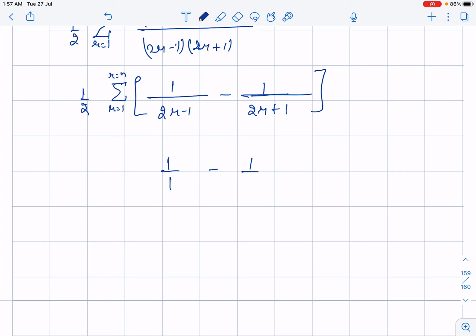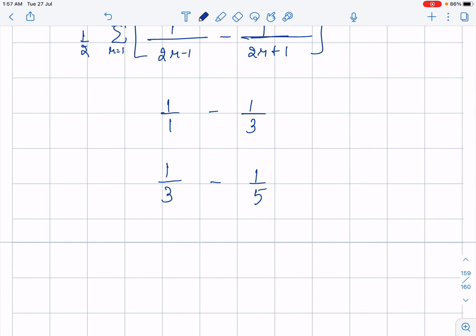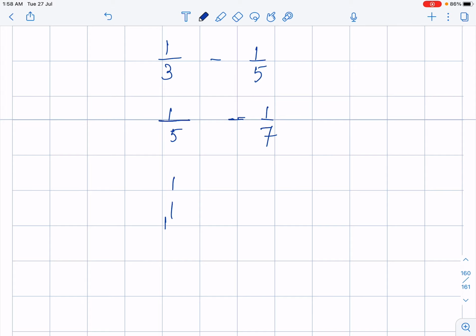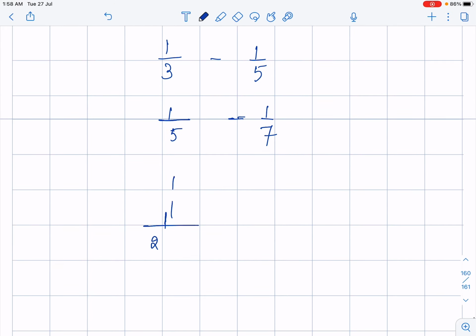Then when r is 2, that will be 1 by 3 minus 1 upon 5. And when r is 3, that will be 1 upon 5 minus 1 upon 7. And finally when r is equal to n, that will be 1 upon (2n minus 1) minus 1 upon (2n plus 1).